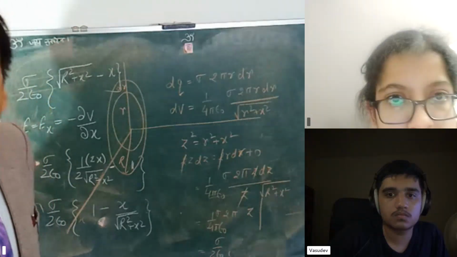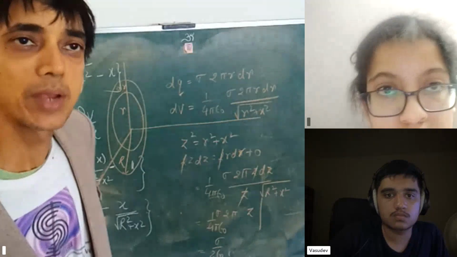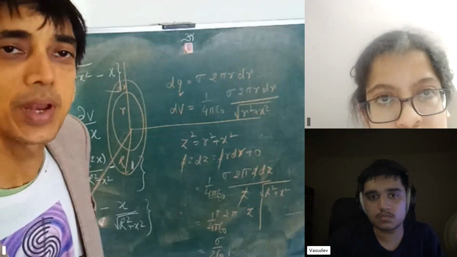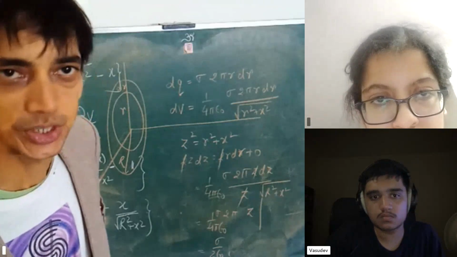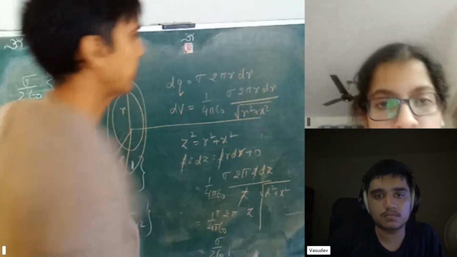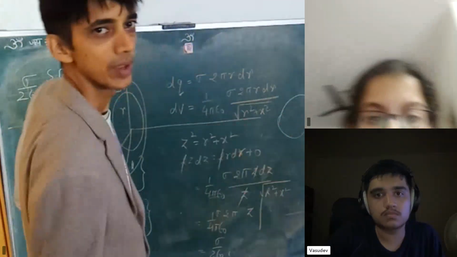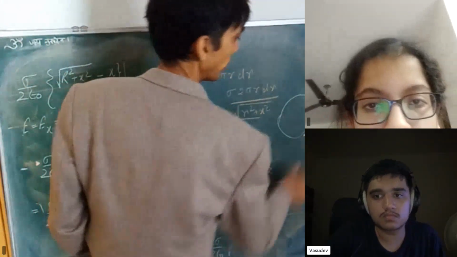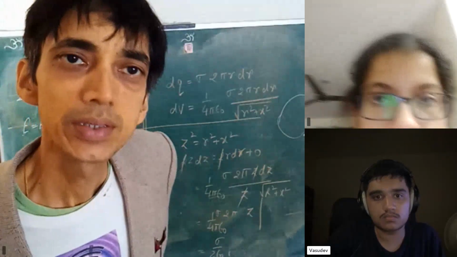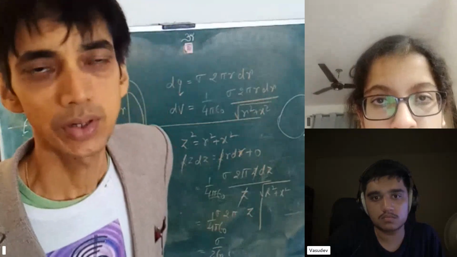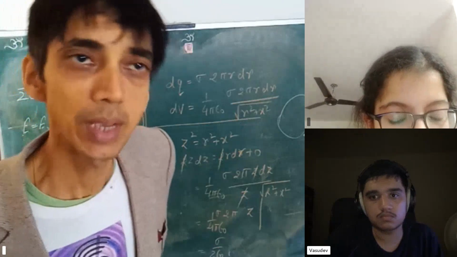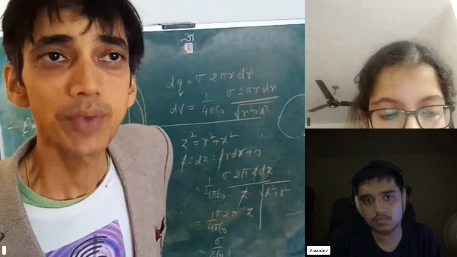Sigma divided by twice epsilon naught, which we have written over here, is the field in front of any sheet. Even if you have taken a conductor and you are very close to it, a three-dimensional structure, the field outside will be nothing but sigma divided by twice epsilon naught. Then I'll ask you, what if I puncture it?